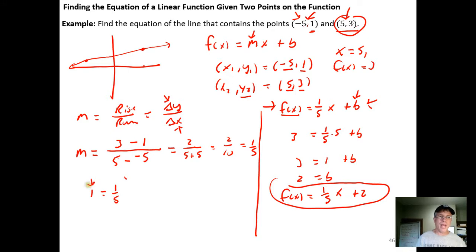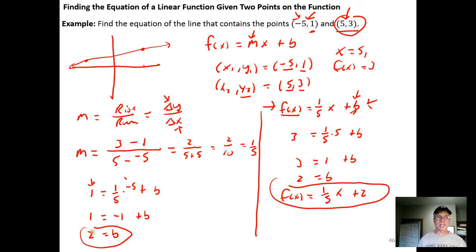When f of x is 1, x is -5, so we would have gone times -5 plus the b that we don't know yet. And then I would get 1 equals 1/5 of -5 is -1 plus b. Then I would need to add 1 to both sides. I'd get 2 equals b.